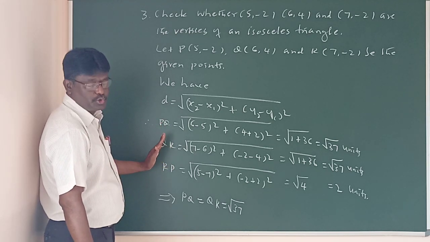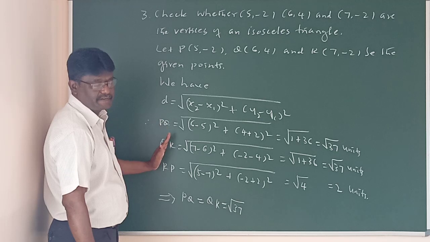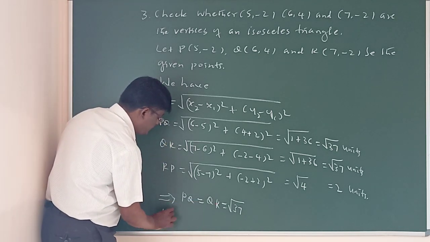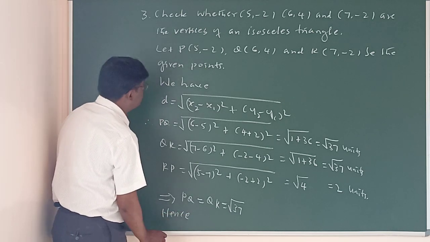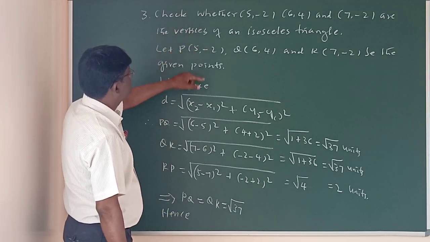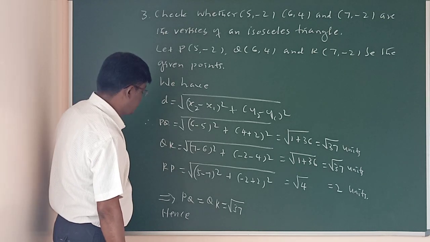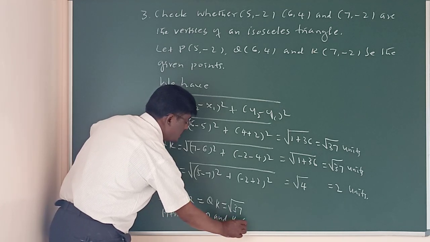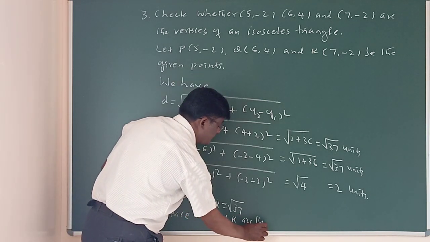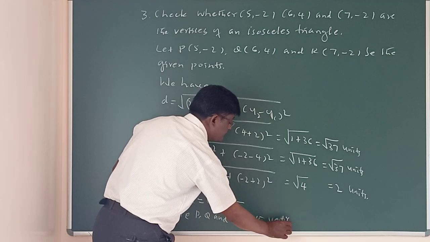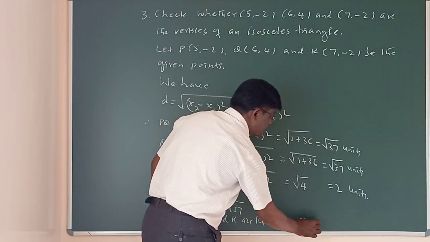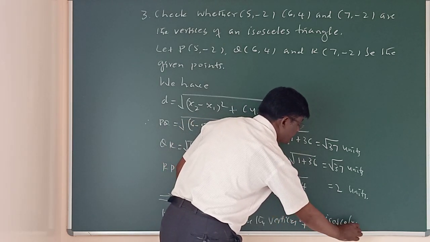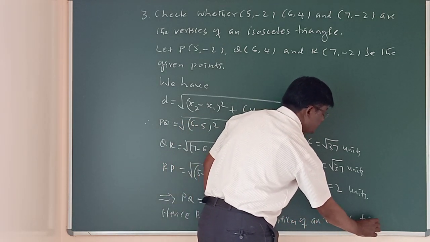Therefore, no doubt, they are non-collinear, they form a triangle, and since these two sides are equal, hence we shall write: P, Q and R are the vertices of an isosceles triangle.